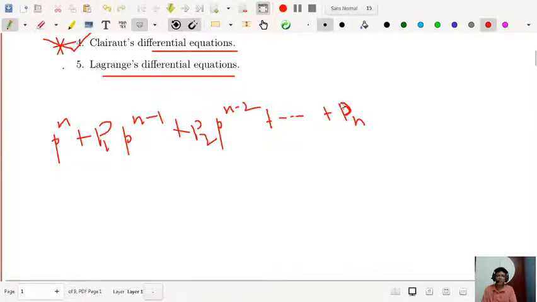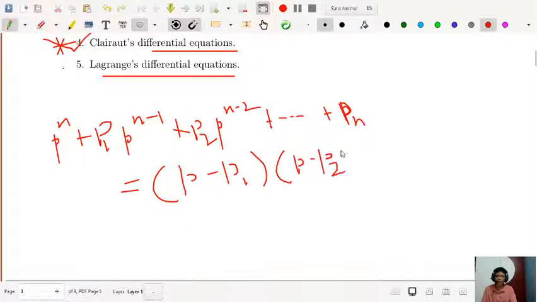Obviously these are our coefficients, and this can be written as (p minus p1)(p minus p2) and so on, because if p1, p2, p3, etc. are the roots of this equation, it can be written as a product of factors by the factor theorem, right?